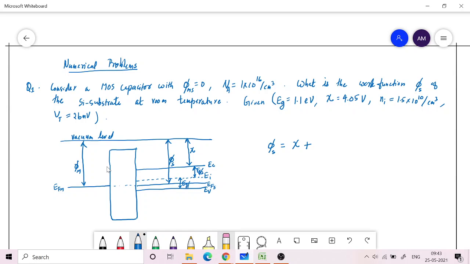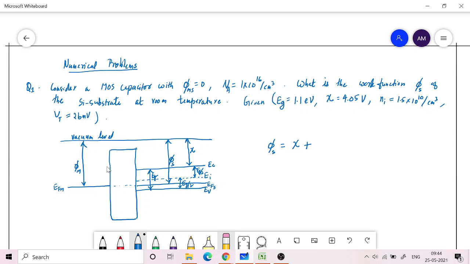The difference between EC and EV is what we call Eg. So the intrinsic level is almost at the middle. We have earlier shown the expression, and that's a very good approximation. It may be slightly below, but we are neglecting that.